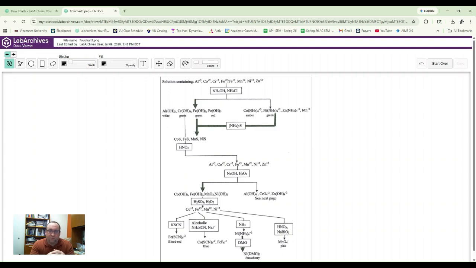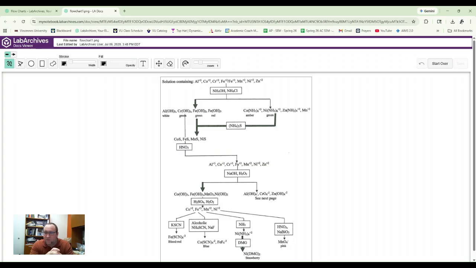And when we blast those complexes and those hydroxides with sulfide ion in the form of ammonium sulfide, what we will get is a series of ions here that are sulfides.